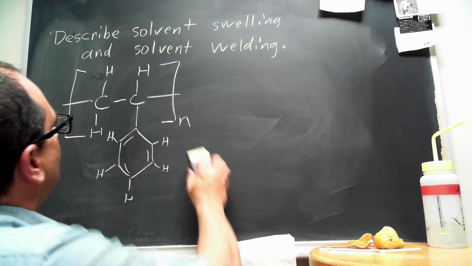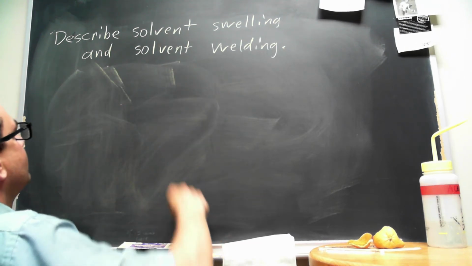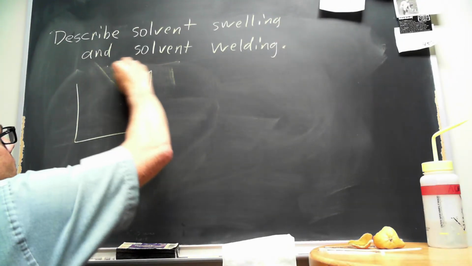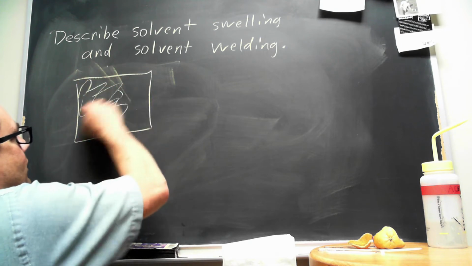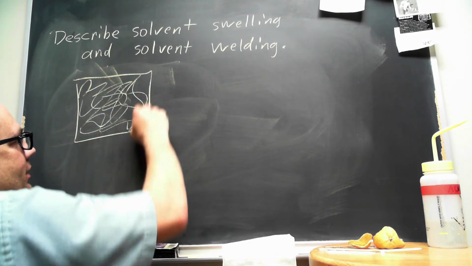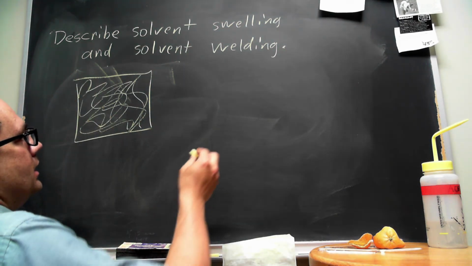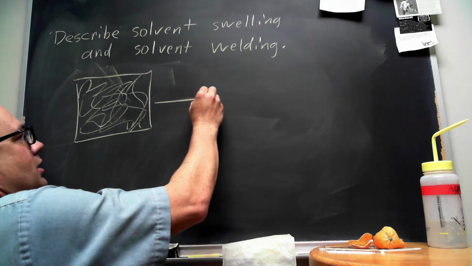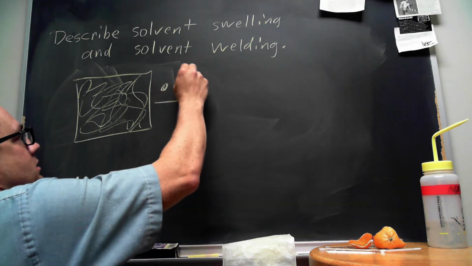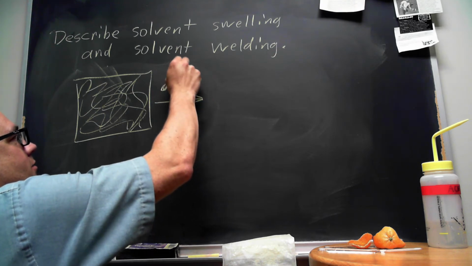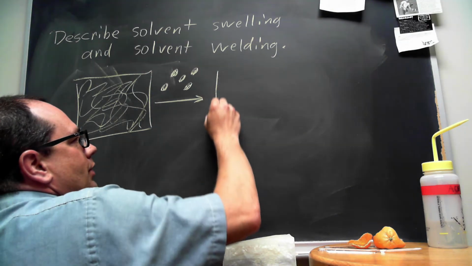And what happens here is, looking at this from another view, here's a sample of polymer, and inside that polymer there are a whole lot of chains all tangled up with each other. These would be the polystyrene chains in the knife. And in the presence of the right solvent, in this case the orange oil, these little solvent molecules represented by these ovals here will try to dissolve this nonpolar polymer.